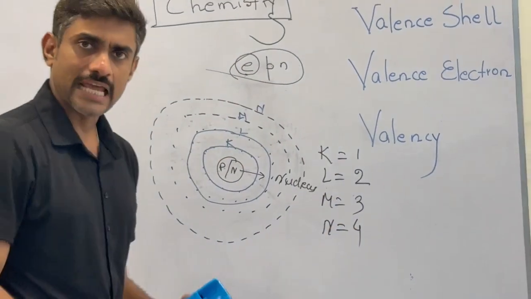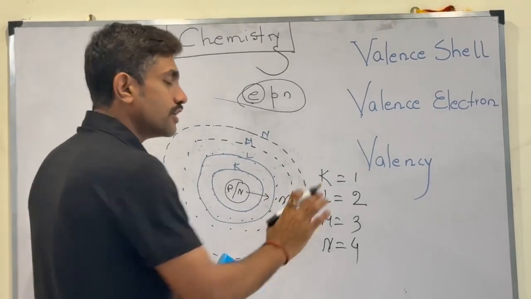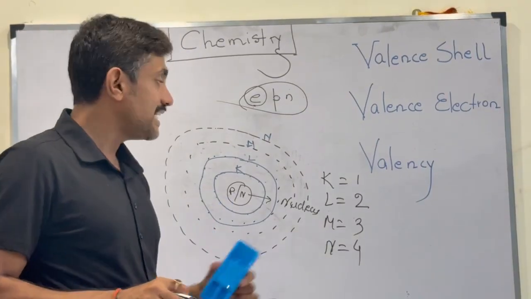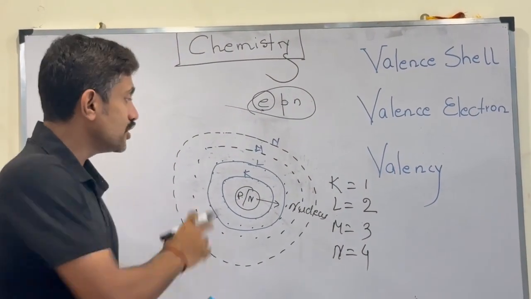Let's consider for the time being only these four shells as per the class 8 standard, right? So Niels Bohr said how many electrons can be accommodated in each of the shells. How many electrons can sit in each of the shells?